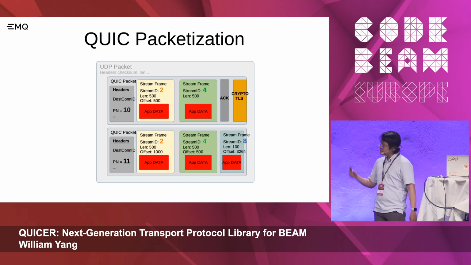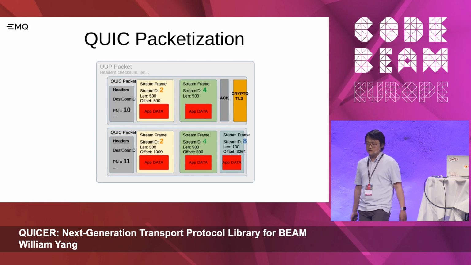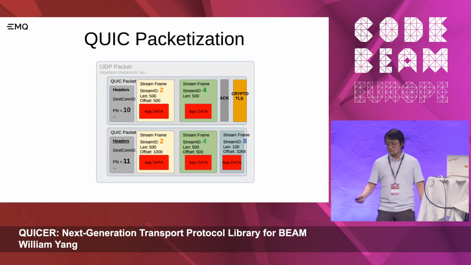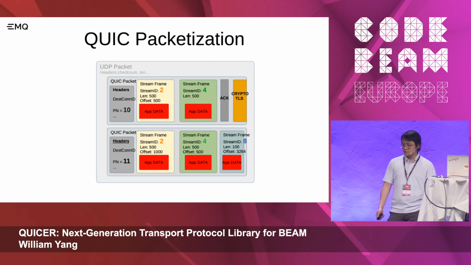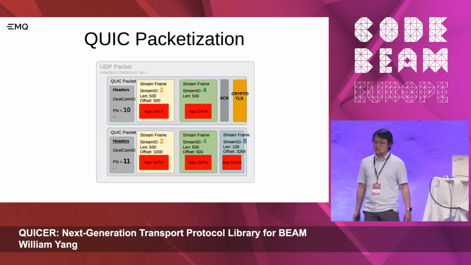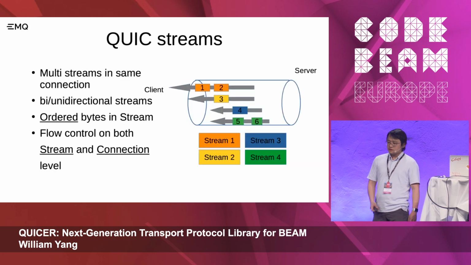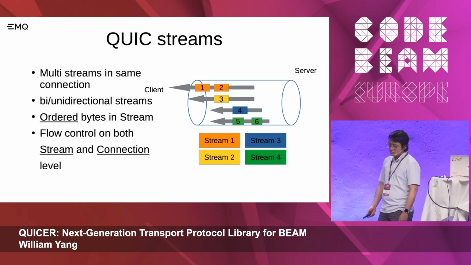And in the first packet I show you, it has 4 frames. 2 frames are stream frames for carrying application data, the third frame is for echoing the response, and the 4th frame is for TLS handshake, like sending the resumption ticket. So I just converted from TCP to QUIC.